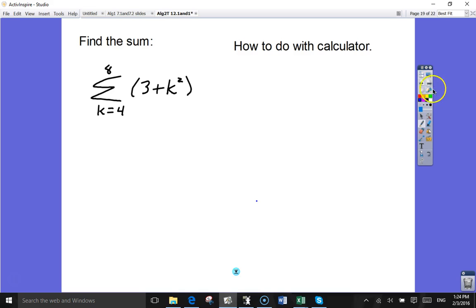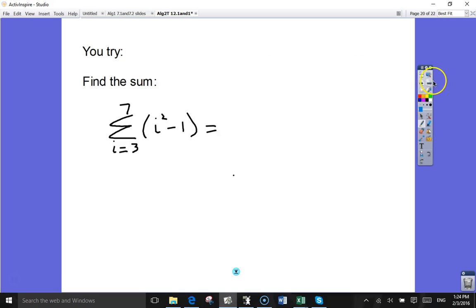Okay. So do this last one. Use the calculator by all means. Find the sum, i equals 3 to 7 of i squared minus 1.